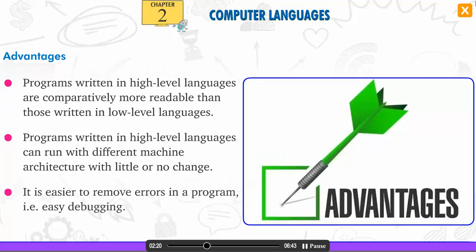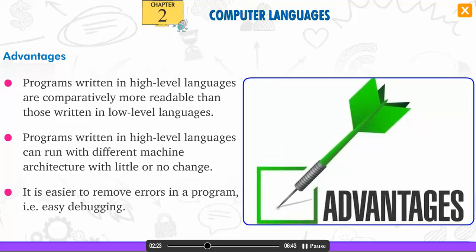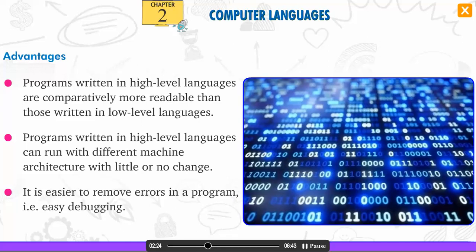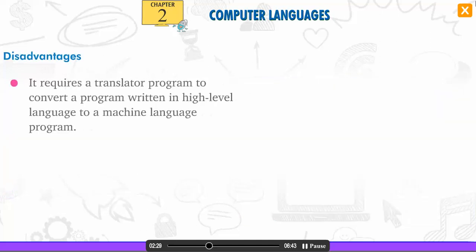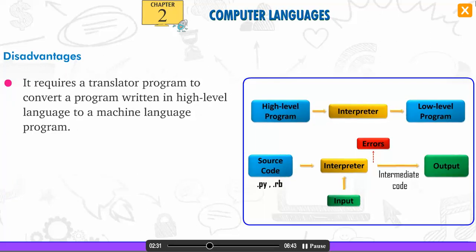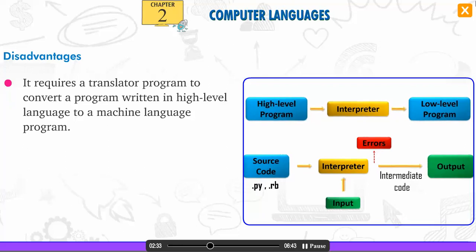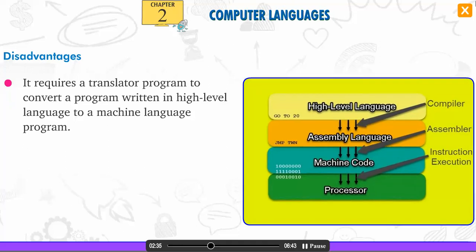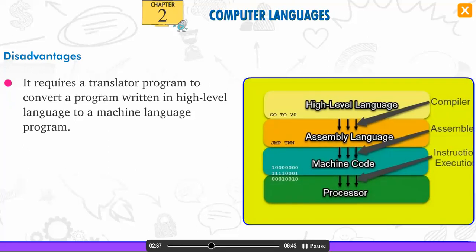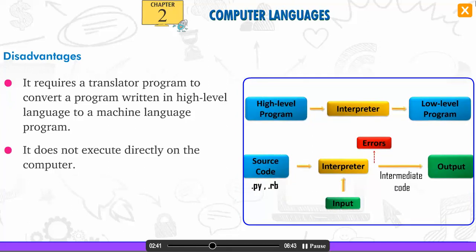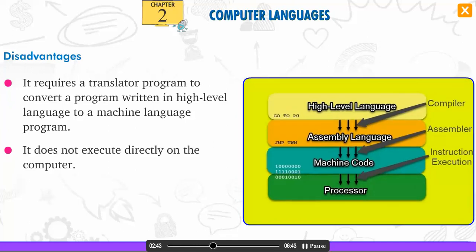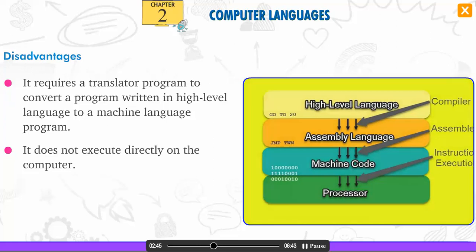It is easier to remove errors in a program, for example, easy debugging. Disadvantages: It requires a translator program to convert a program written in high-level language to a machine language program. It does not execute directly on the computer.